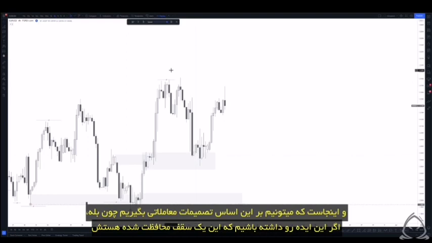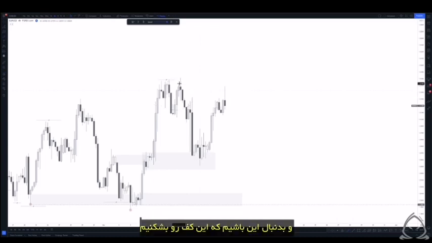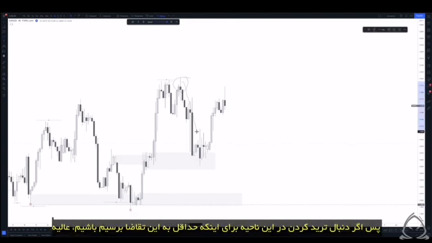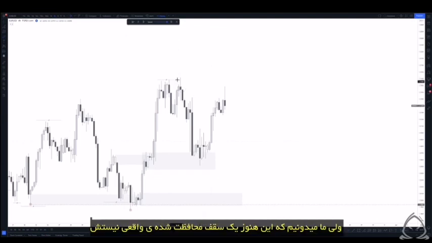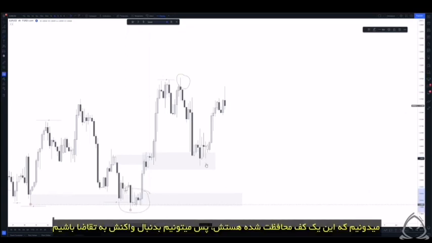Because yes, if we create a trade idea up here that this is a protected high and that we would be looking to eventually take out this low, we know that this demand exists. So if we look for trades within this area to at least target this demand, that's great. But then what we also know is that we haven't actually completed this to be a true protected high yet. We know that this is a protected low. Therefore, we can still look for demand reactions.